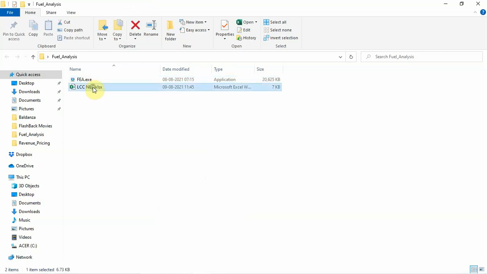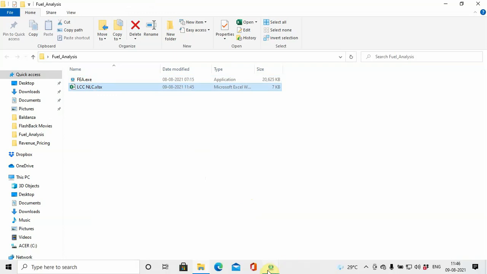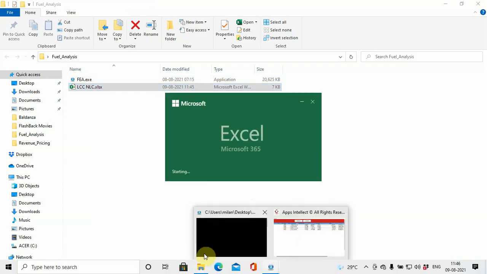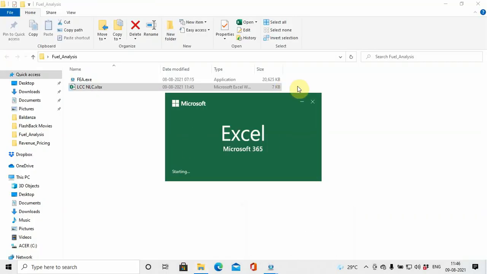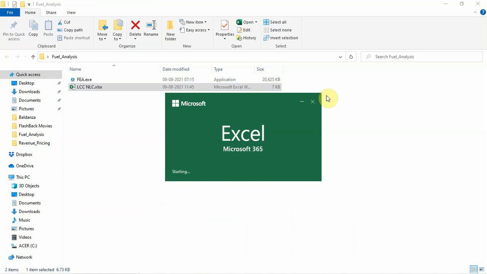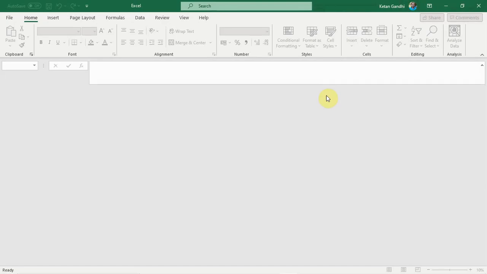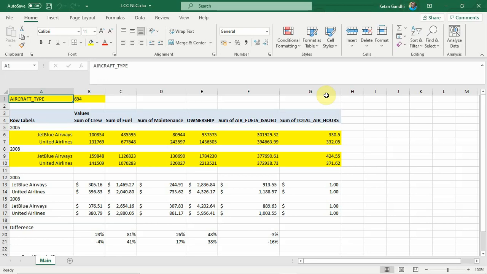It's an Excel file. We'll open it. So we'll analyze both types of carriers, the low cost carrier and the network legacy carriers. So this is the file generated.